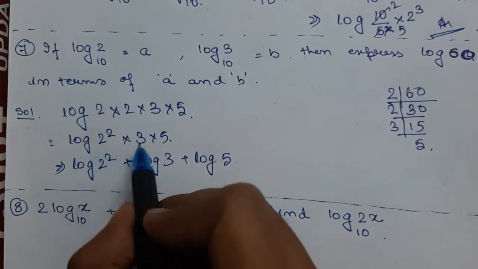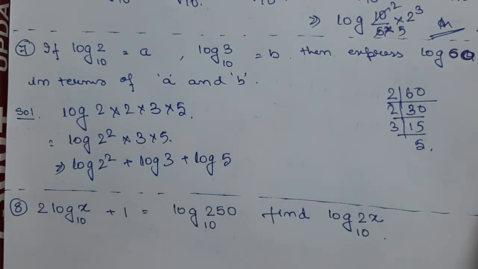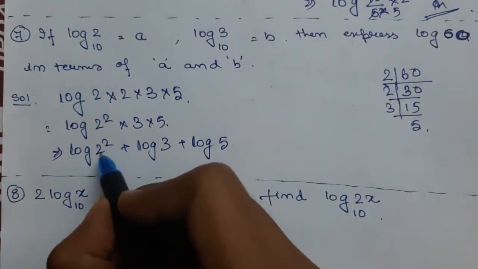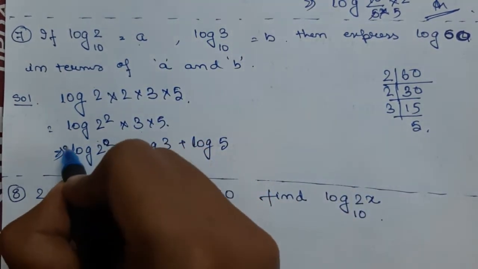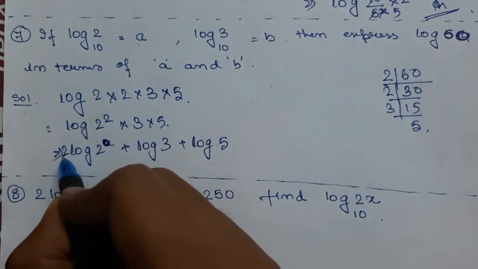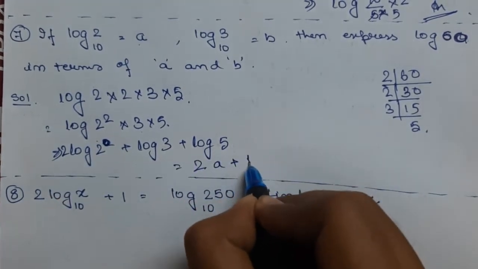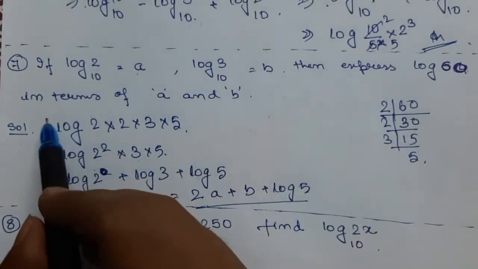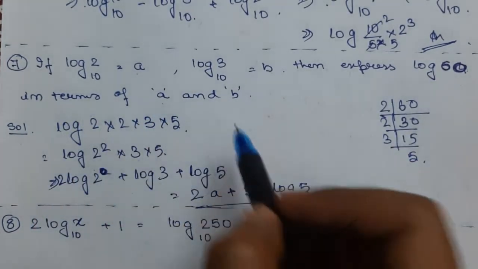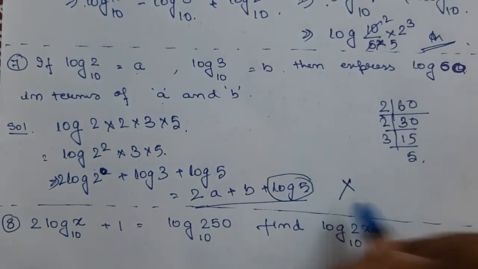Similarly, log of a into b into c, we can write it as log of a plus log of b plus log of c. I think you can understand it. Okay, and 2 square, it is a, so if we take 2 from here to here, it will give 2a plus b plus log 5. And in the question it was given that it should be only in terms of a and b, so here we are getting an extra value of log 5, so this is the wrong answer.